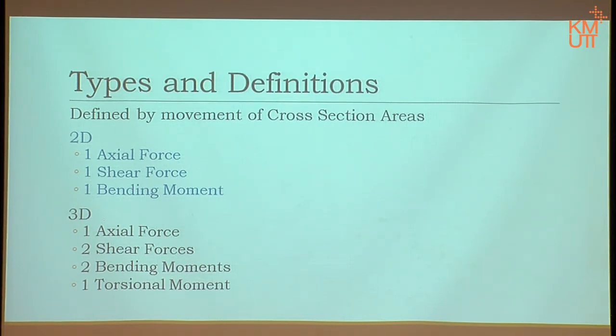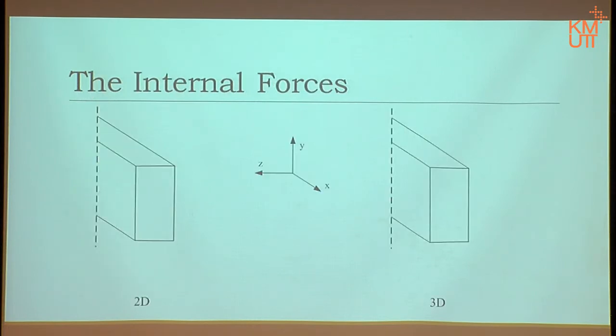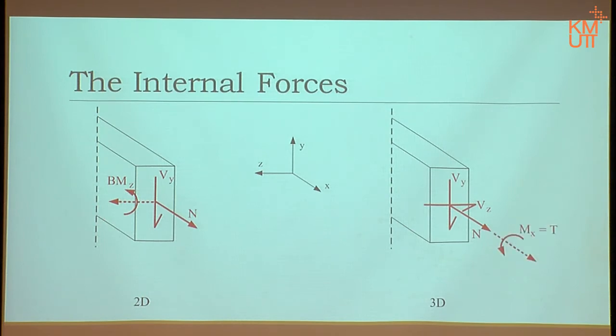In terms of calculations, in 2D you have three of them. In 3D, you have six. The axial force, one of them, two shear forces, one torsion, and two bending moments. Notice the axis x.